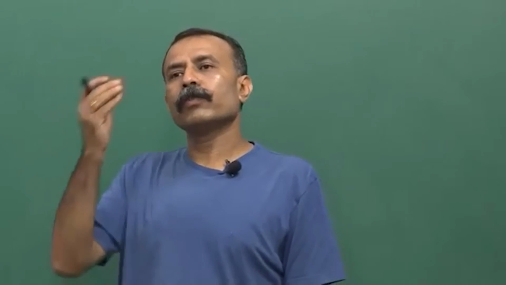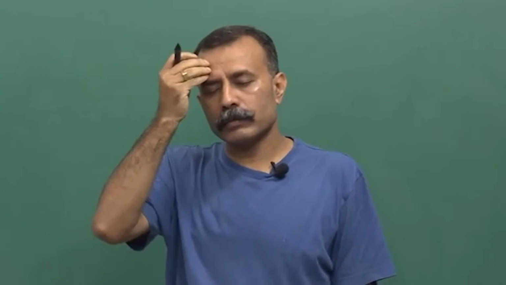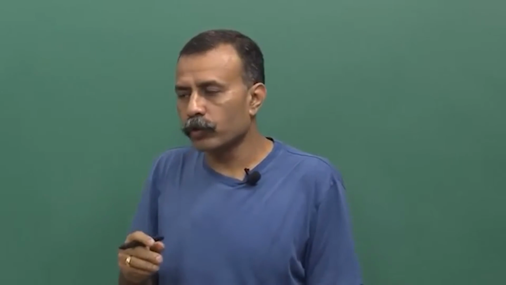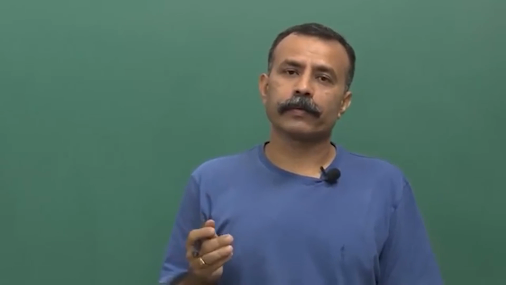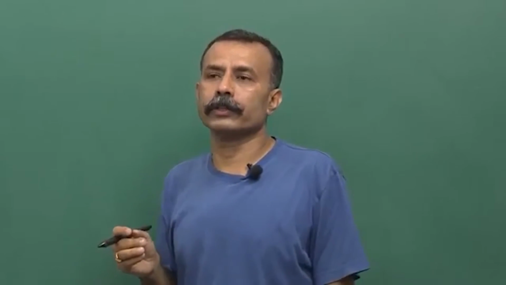So the biggest challenge of any kind of neurodegenerative problem, or removing a brain tumor, or any kind of problem in the brain, is how easily you can do the surgery.